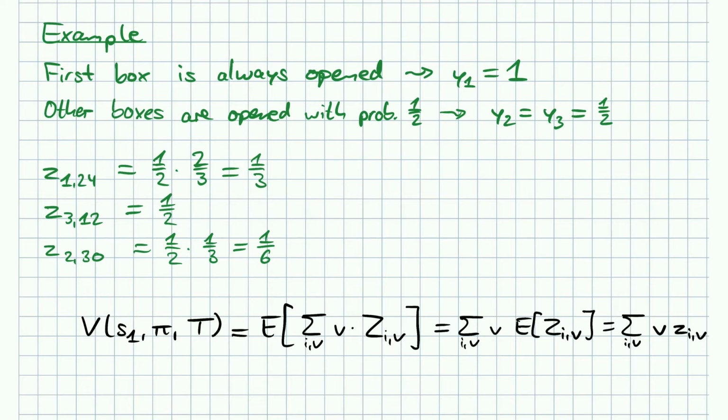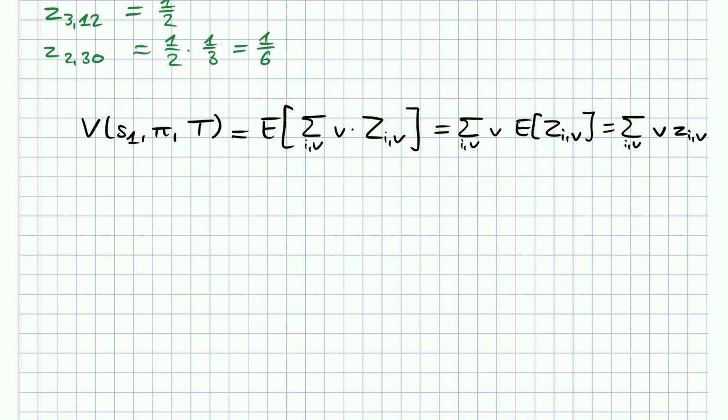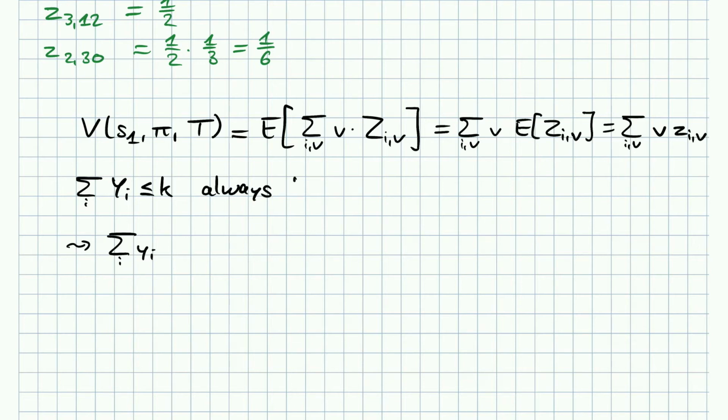What else do we have? We have that the sum of the Y_i will have to be at most k. So what does this tell us? This tells us that, and by the way this has to always hold, so with probability 1.